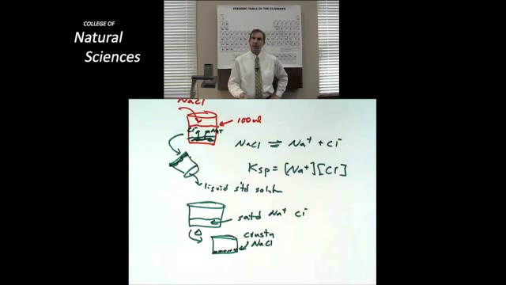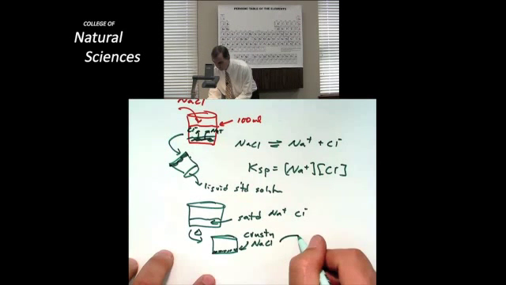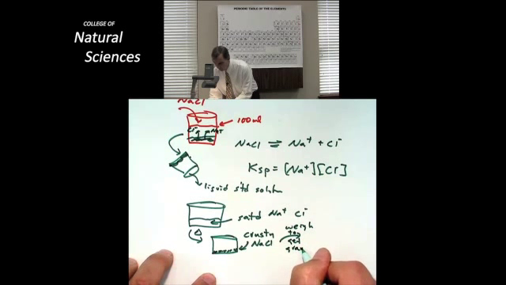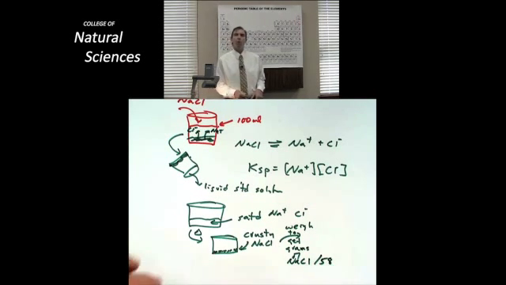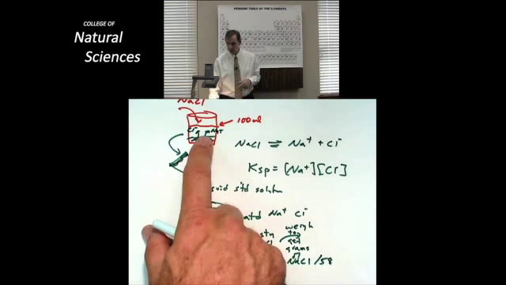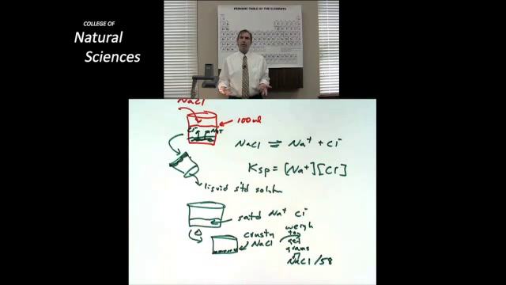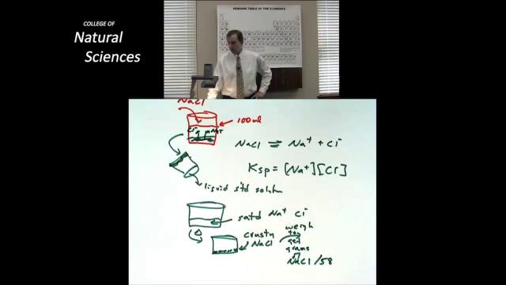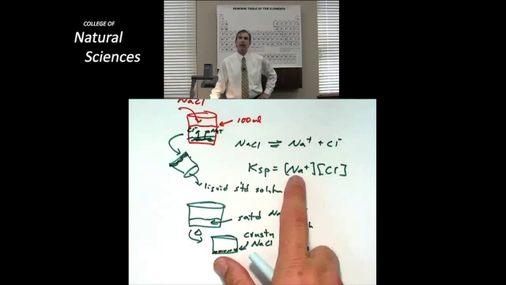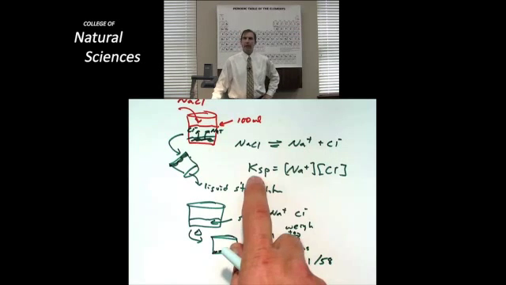If I weigh it, I have the grams of NaCl. I divide by 58 and I have the moles of NaCl. Then I divide that by my original volume, and that's the molarity of the saturated solution. I take the molarity of that solution, multiply those two numbers together, and I end up with the Ksp.